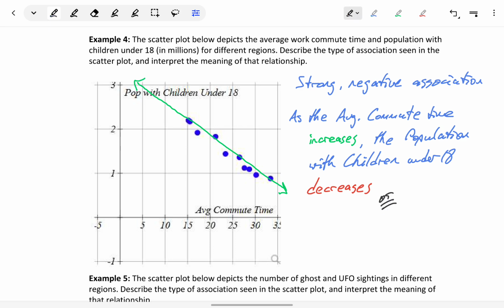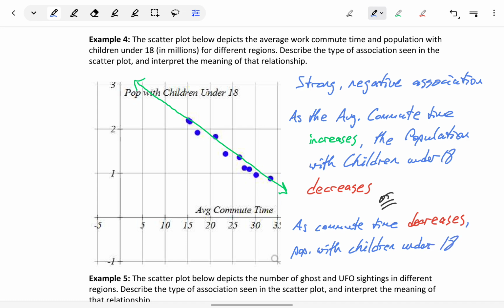Or we could flip that around and we could say that as commute time decreases, population with children under 18 increases.